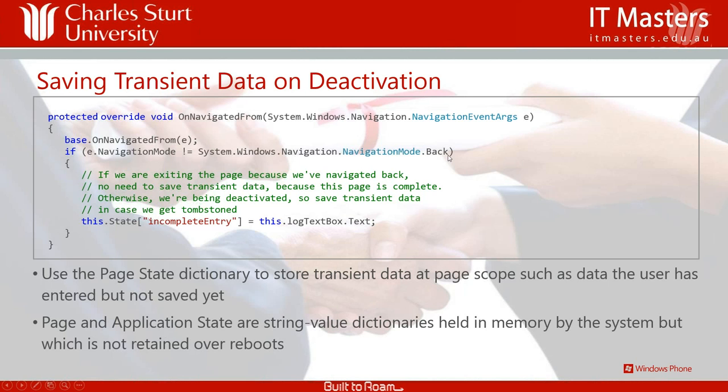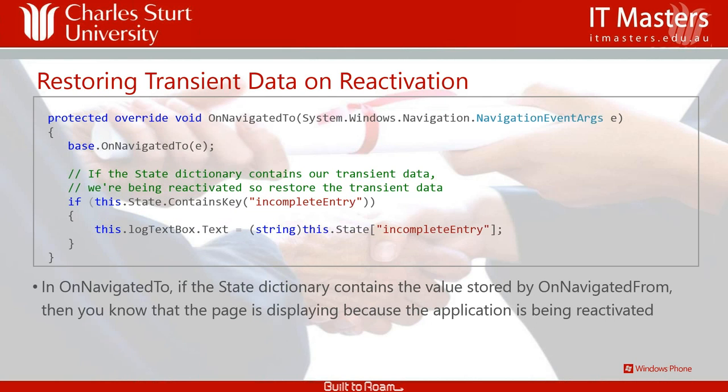So if the user is navigating off to another page in our application, or we're navigating off to another application in the system, this information is going to be persisted into the state dictionary, and then at a later stage when we navigate back, the OnNavigatedTo will get invoked. Essentially, because it's a state dictionary, we do need to check to see whether the key exists, and then we can repopulate the text box.